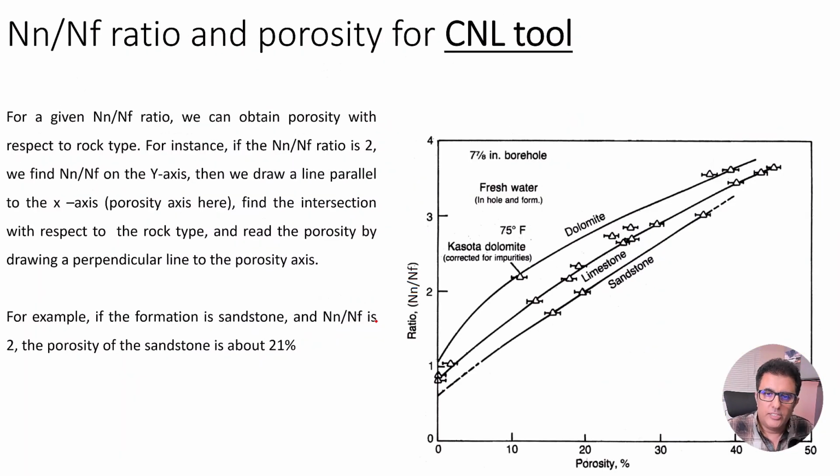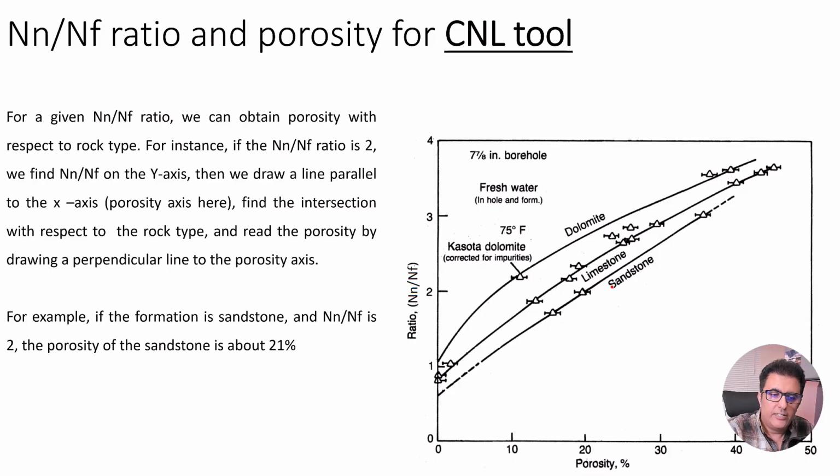Some charts have been developed in order to convert the ratio to the porosity. As you see here, there are three curves: one curve each for dolomite, limestone, and sandstone. So this is how we should convert the Nn over Nf ratio to porosity. We should have some idea about lithology.